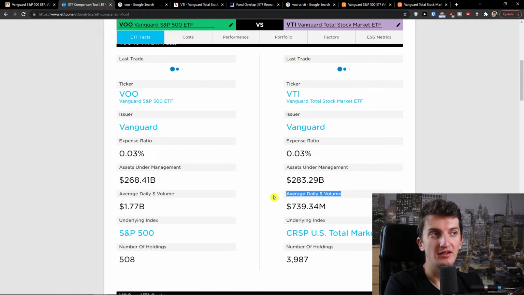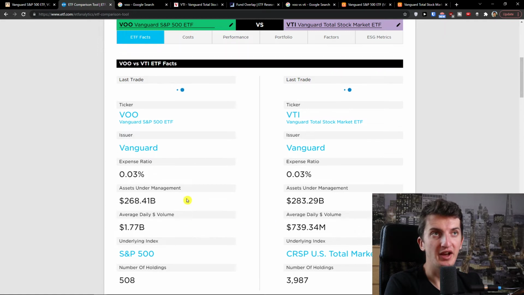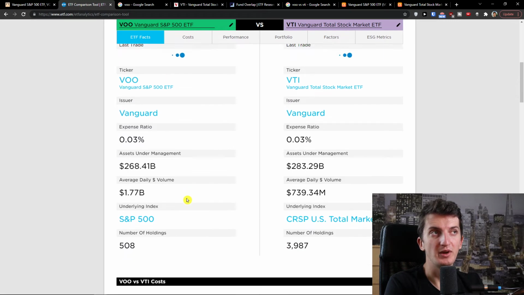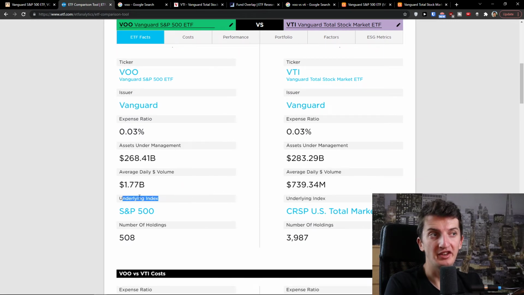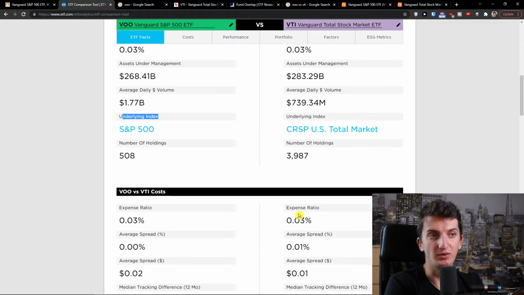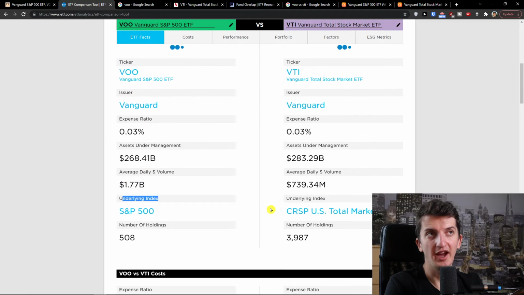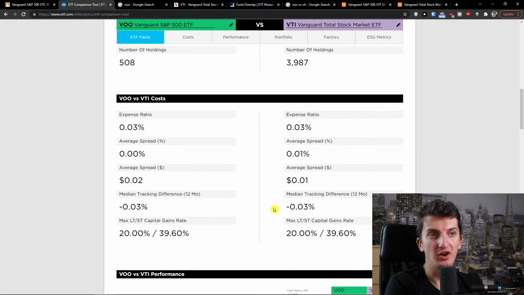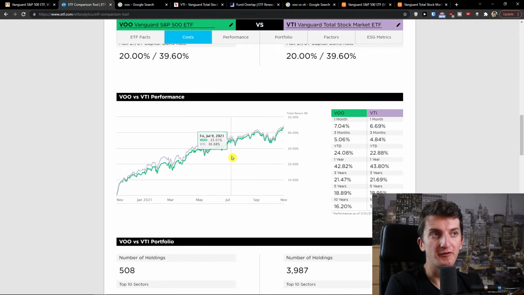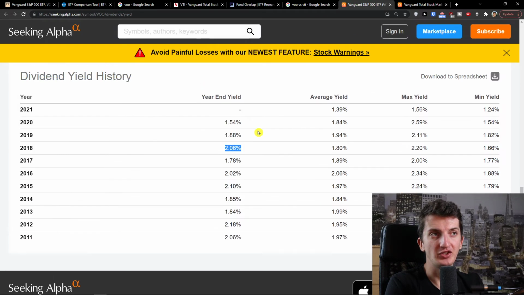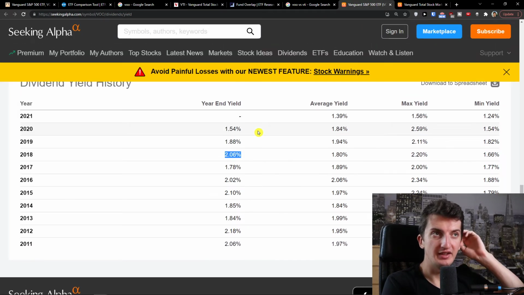Average daily volume is higher at VOO compared to the last trade. Underlying index, different. The two main differences are the number of holdings in VTI compared to VOO, and also the performance of these two. And then we have the year-end yield.